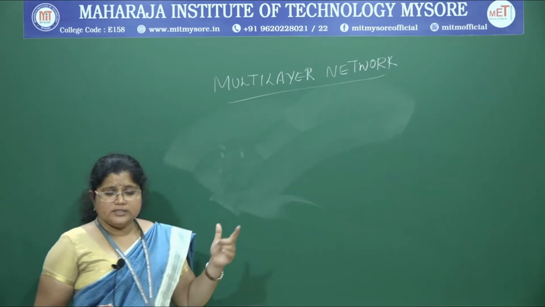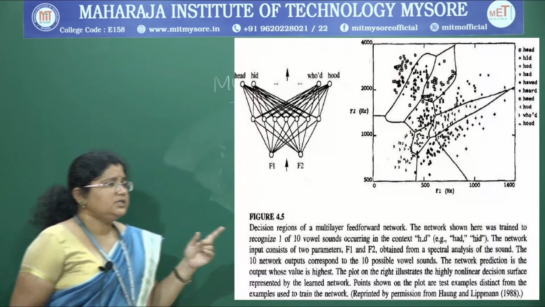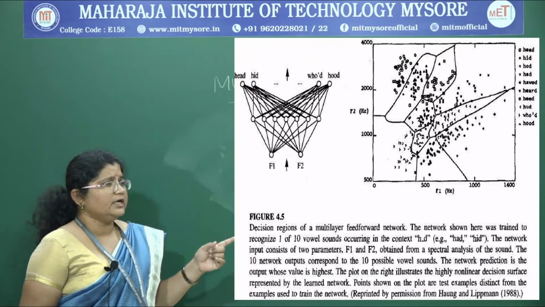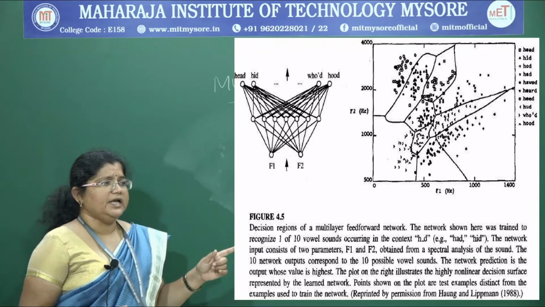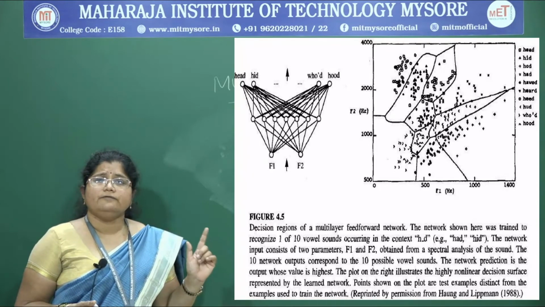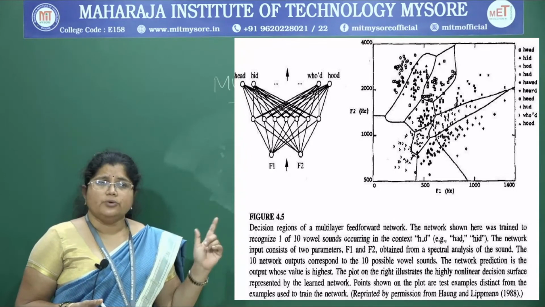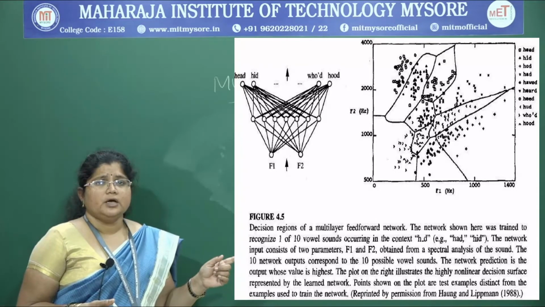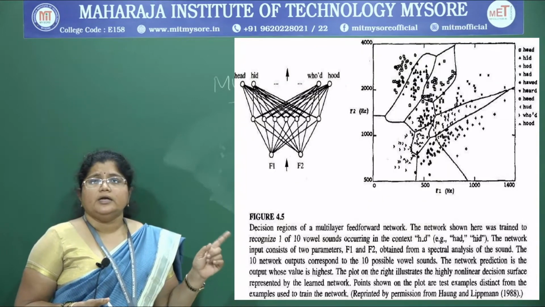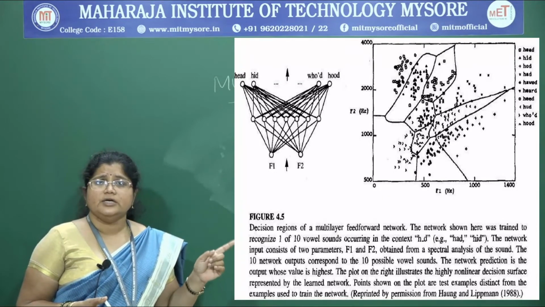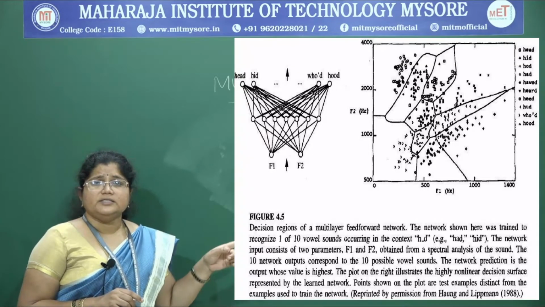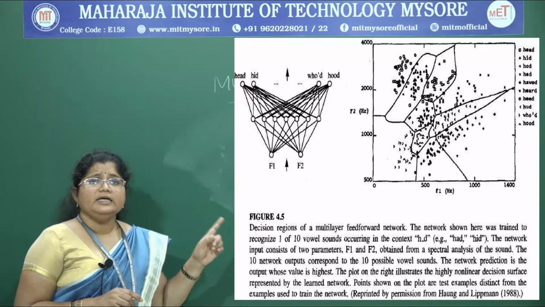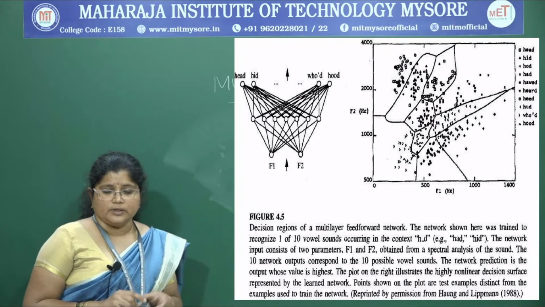Now let us look at this example. This diagram easily represents how the nonlinear functional units perform their operation and how a nonlinear decision surface is represented by this multi-layer neural network.